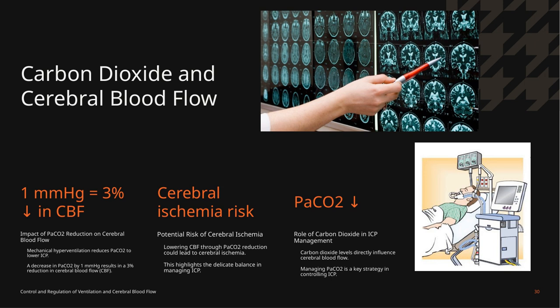This underscores the delicate balance we must maintain. While lowering CO2 can be beneficial for ICP management, we must be cautious because overdoing it can compromise brain perfusion. So, in summary, managing PaCO2 is a powerful tool, but it requires careful adjustment to avoid potential harm from reduced cerebral blood flow.